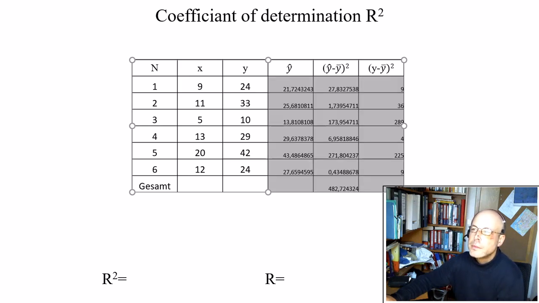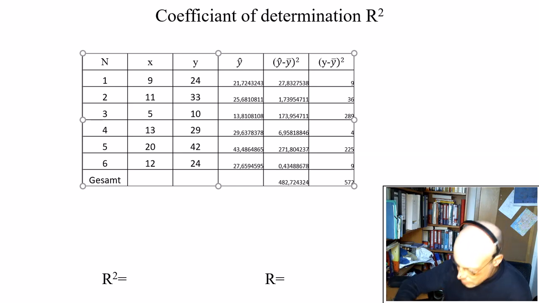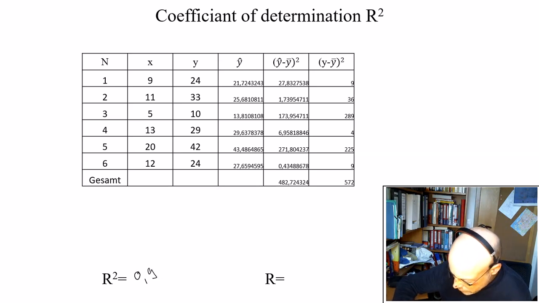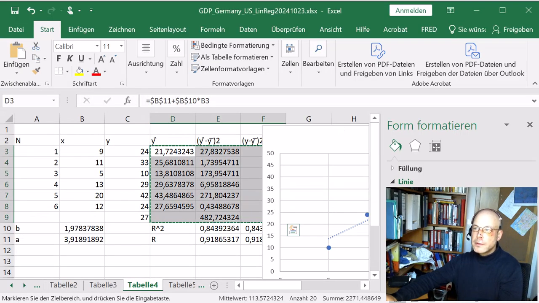Yep, this is working. Great. And this was 0.91 and this was 0, yeah, no, the other way around. 0.8, or what did I have?